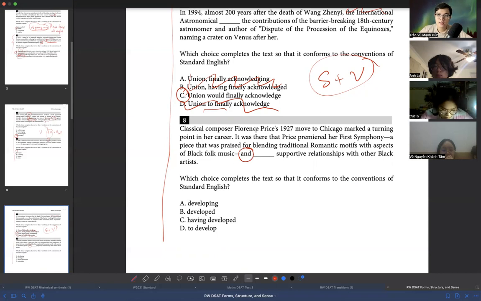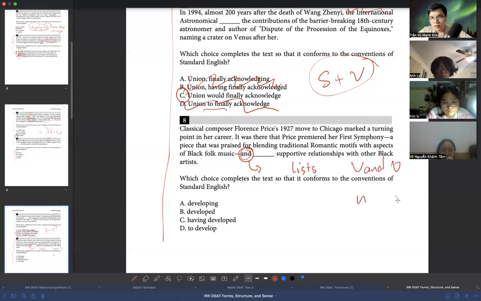When I say and, what's the first thing? This happens in and in lists. If I have and, verb, noun, noun, adjective, adjective, what's this?